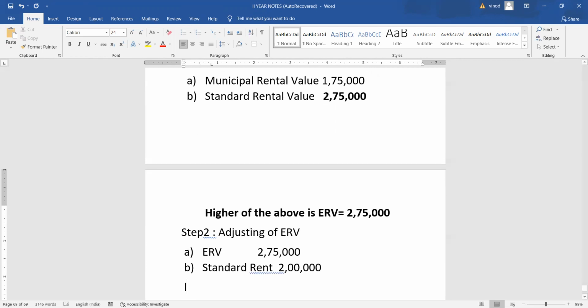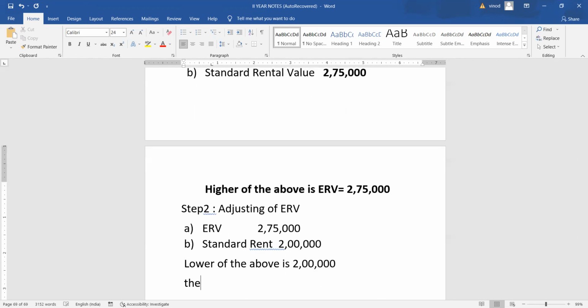Lower of the above is 2 lakhs. Then adjusted ERV is equal to 2 lakhs.